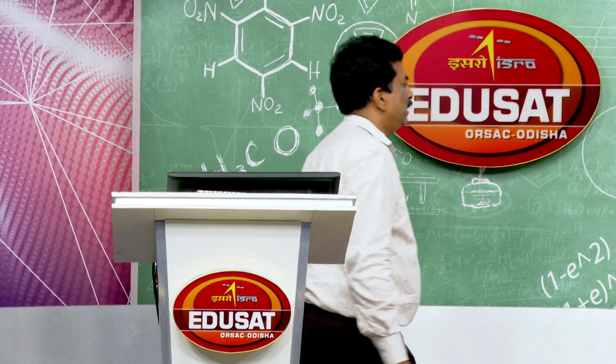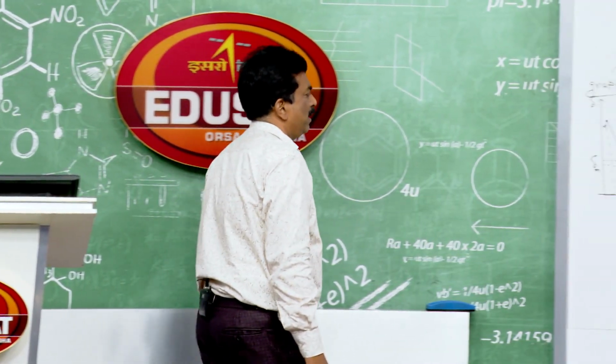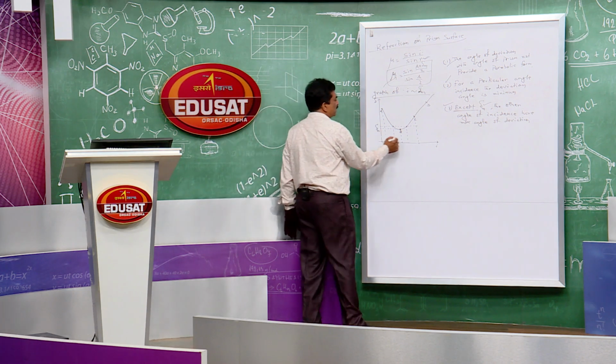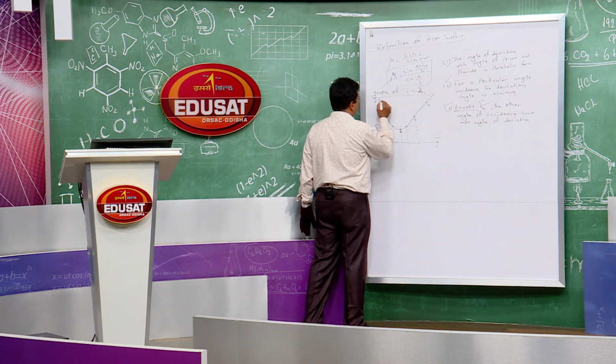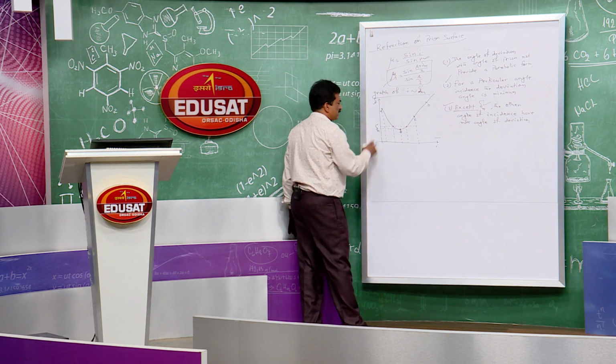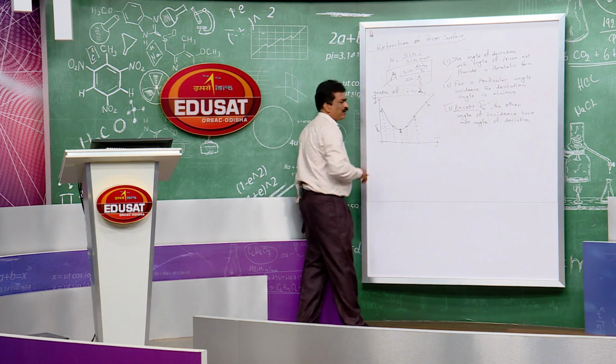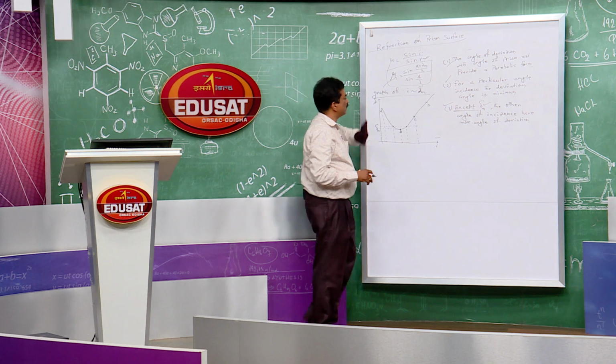As we know, if we plot a graph by taking the angle of incidence on the x axis and angle of deviation along the y axis, the graphical form is likewise, about which we have written here the 3 points.